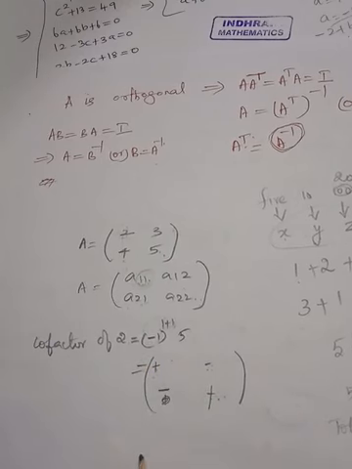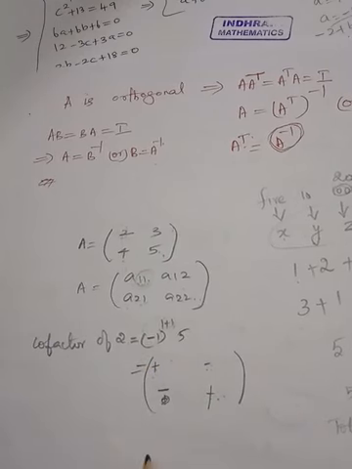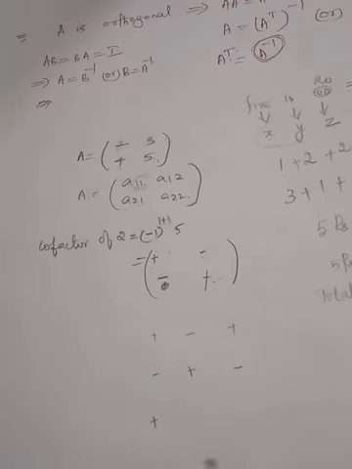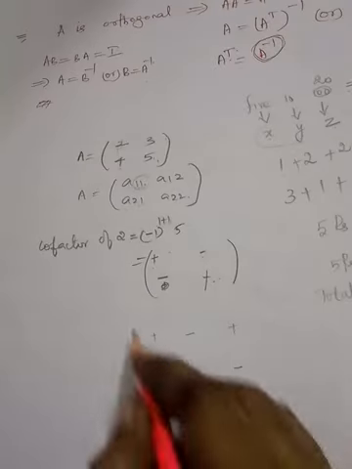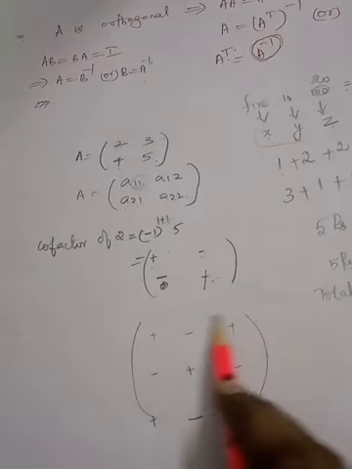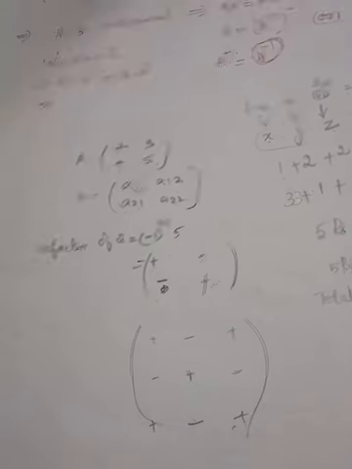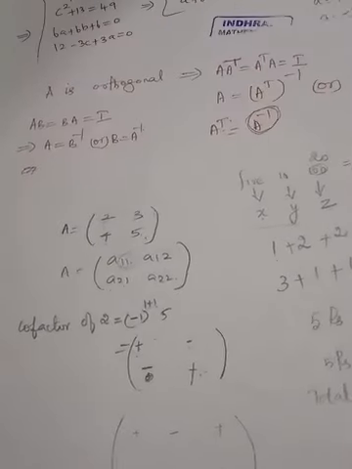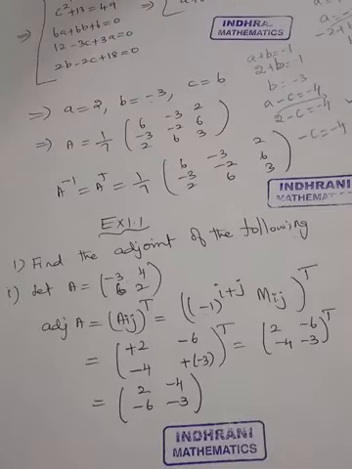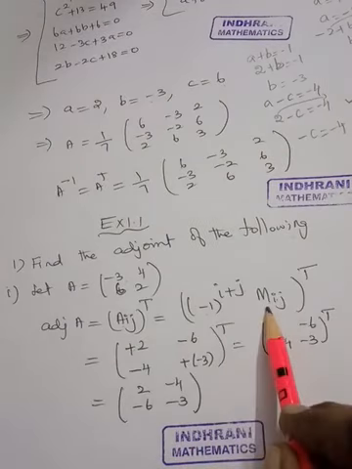In the same way, for 3 by 3, we have seen already: plus, minus, plus, minus, plus, minus, plus, minus, plus. Do you remember this? This is for 3 by 3. This is the sign. Then you have to calculate the minor, which we saw in the last class.